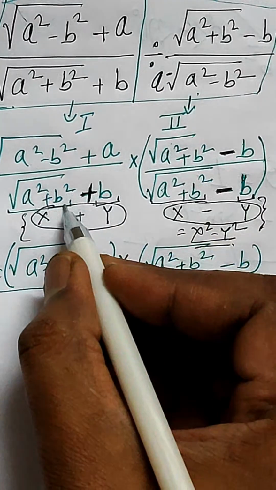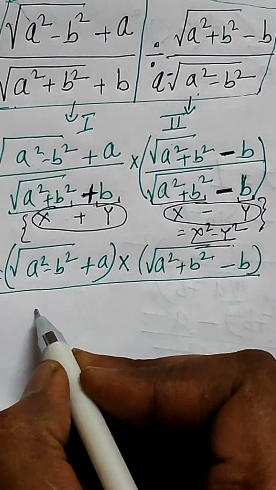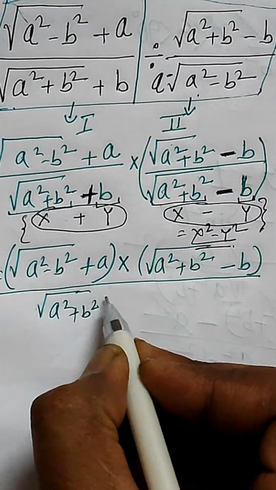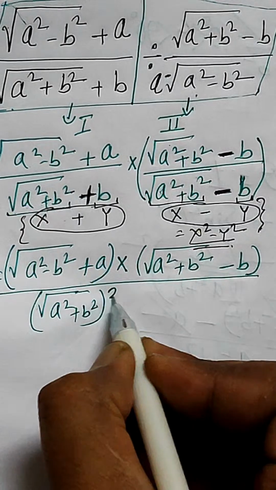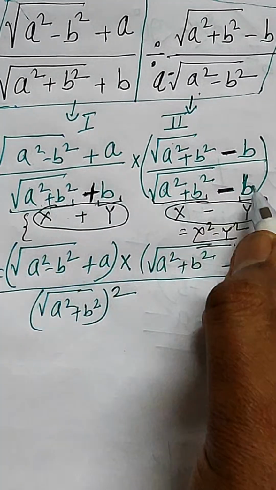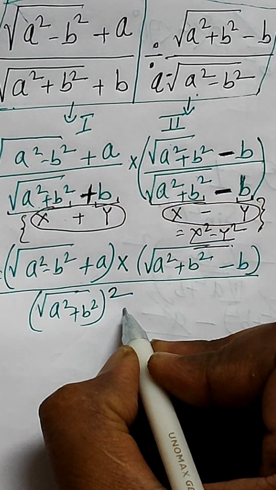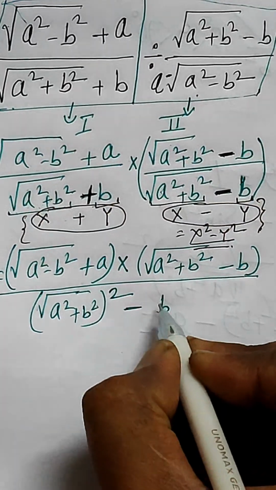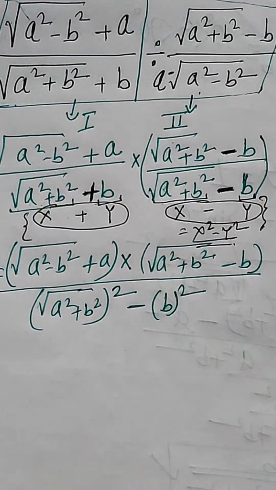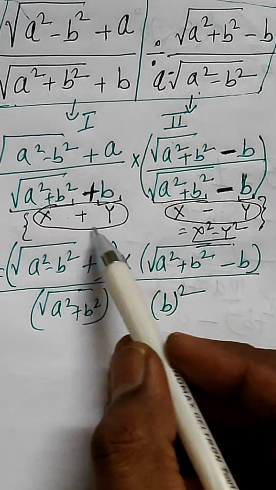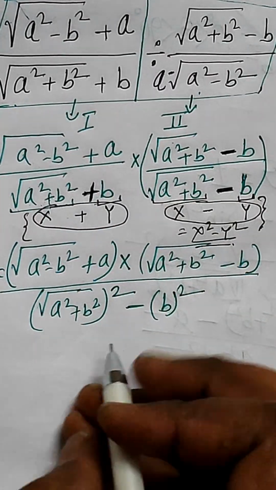So in the denominator, √(a²+b²) is written as it is, and the square of this, (a²+b²) − b², using the same formula. I hope this step is clear to you. We followed the same as written in black.